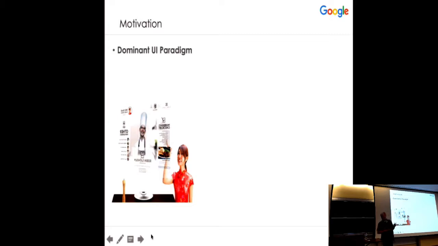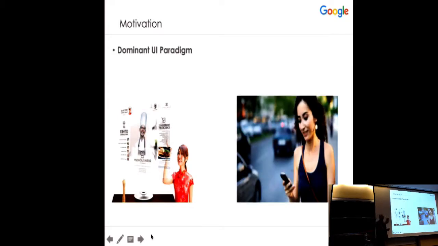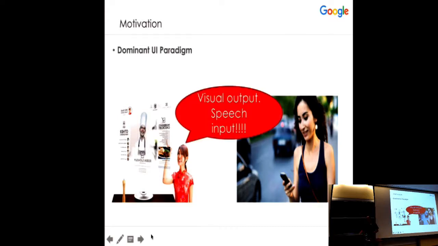And in order to make that work, there needs to be some sort of attention model. So you have to know, are you attending to this or are you attending to something else? And so we spent a lot of time looking at attention signals and how we can make speech recognition better by knowing what you're doing, either looking at the screen or doing something else. And I'll talk about some of those results, and that was kind of fun. So again, it's visual output and speech input.